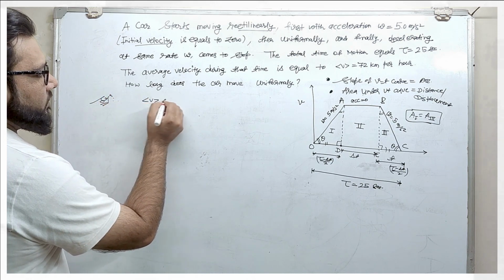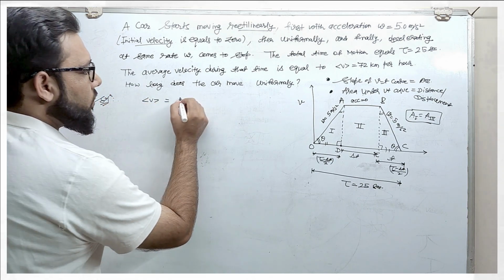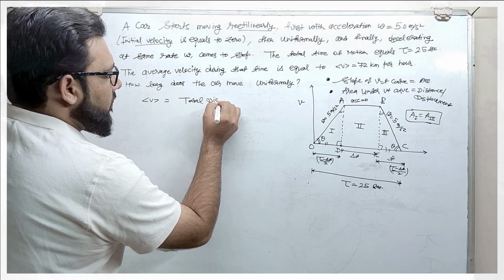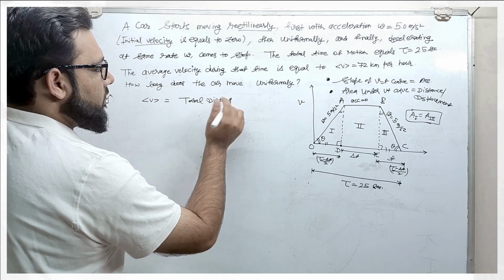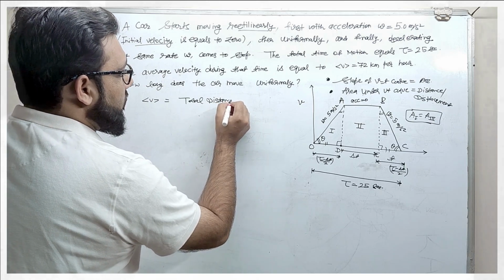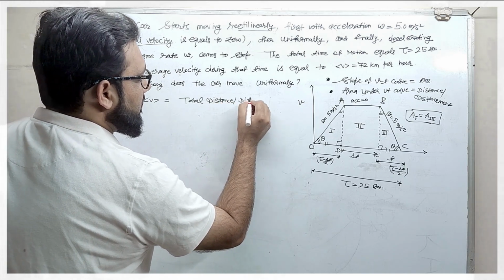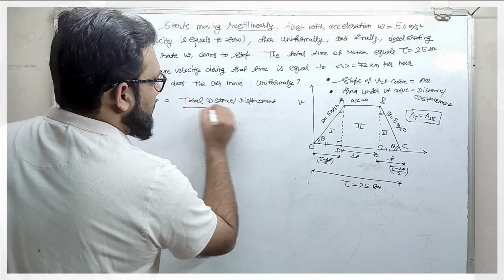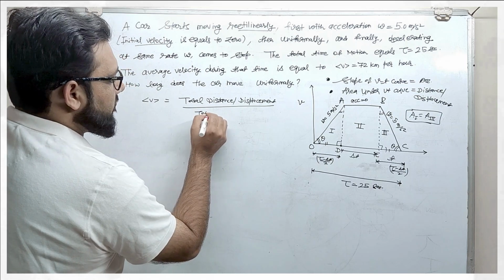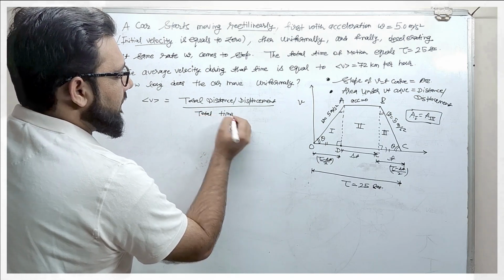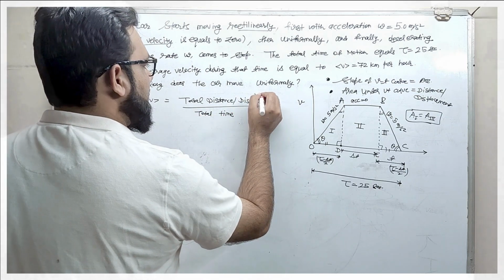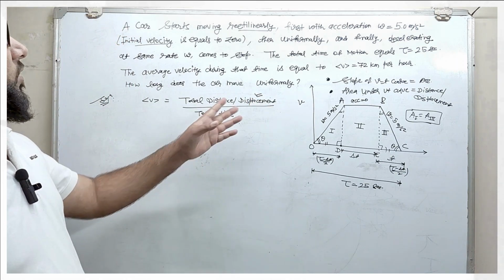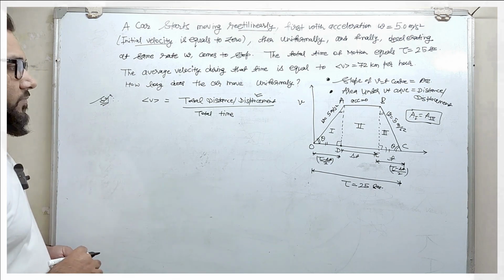We know the average velocity is equal to total displacement upon total time. Is it okay guys? Here displacement is the more appropriate word, but when displacement and distance are equal, we can use either of them.